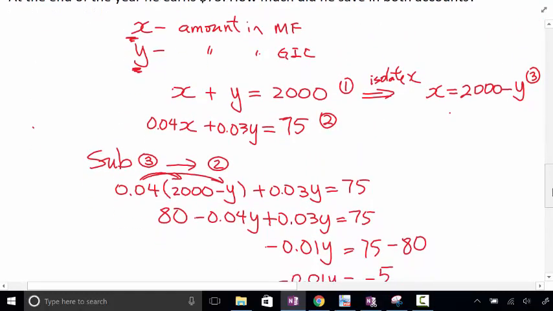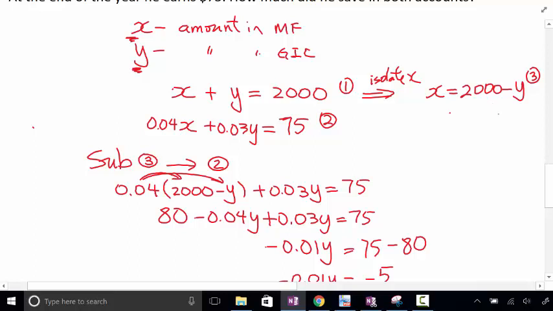Now, I need to plug this back into one of the equations here. Now, which equation would I plug it back into? Number 1, number 2, or number 3? And the answer would be, doesn't matter, but to make your life easier, you will plug it into number 3. Because number 3 is already rearranged for x equals something.